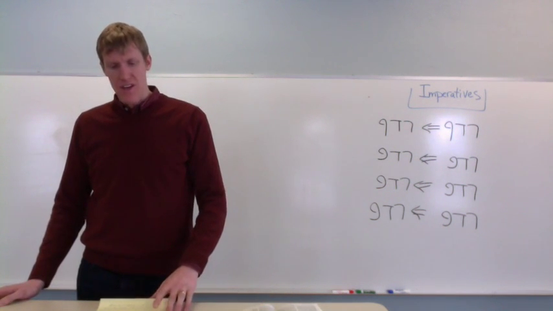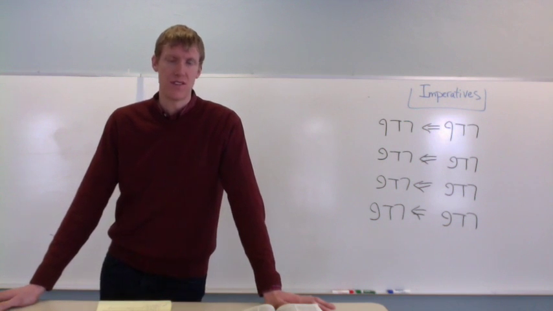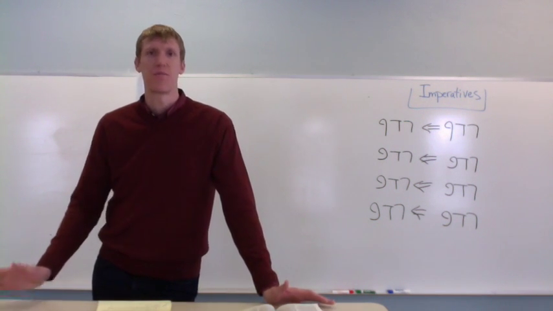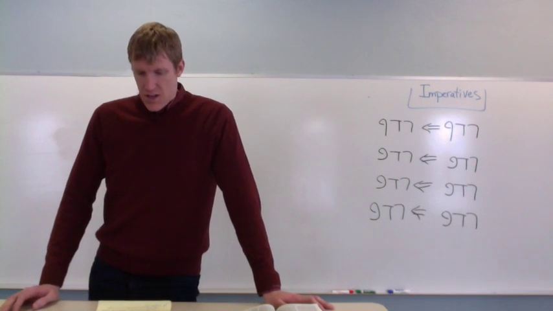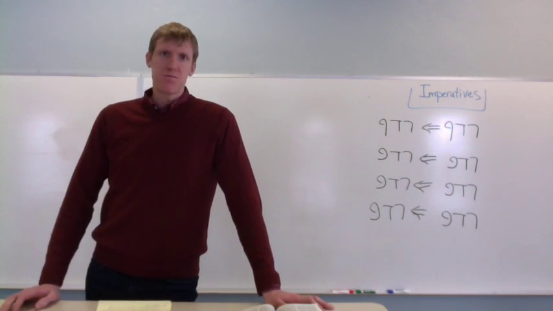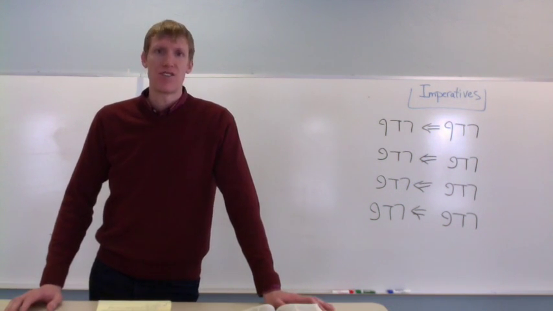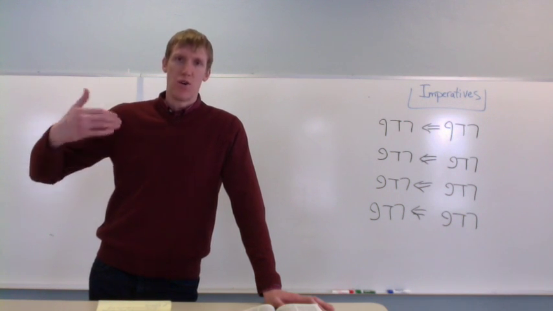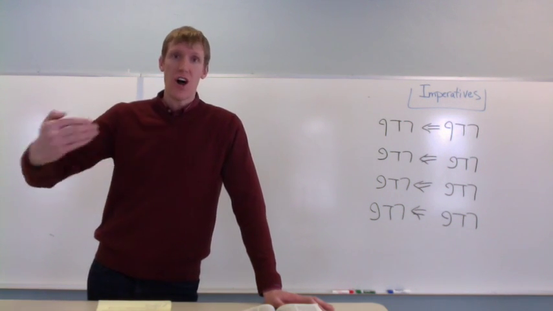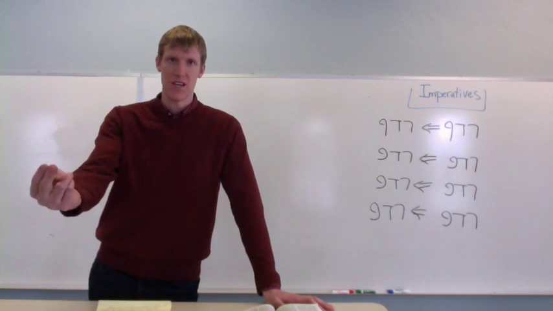The imperative is the grammatical term for command. So the imperative verb form is the command verb form. And as such, as a command form, it is inherently dialogical. What that suggests is that in order to utter a command, you have to be communicating with someone directly.